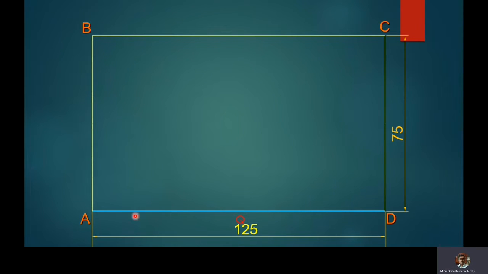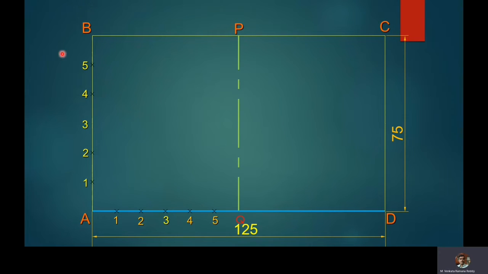ABCD is the rectangle, 125 mm is the base length, 75 mm is the axis height. With the 75 mm as axis height, draw the axis line. After that, divide AB into 6 equal divisions and AQ also into 6 equal divisions.